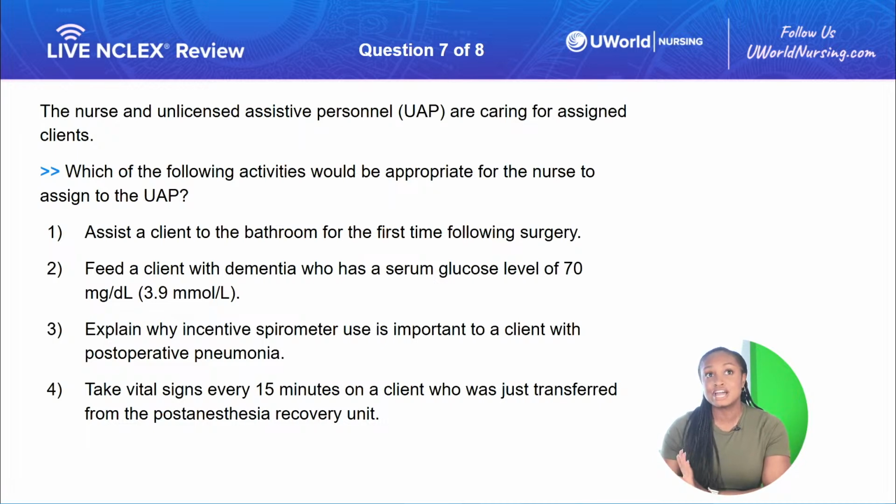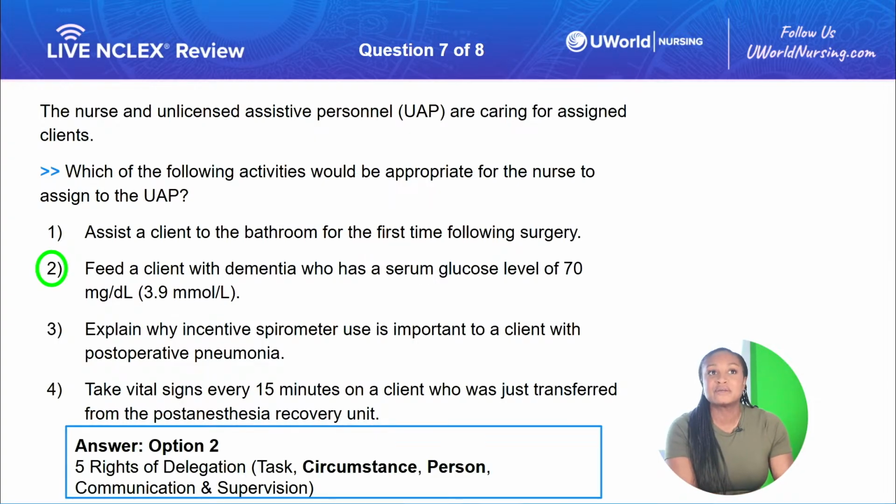The thing that a UAP can take care of is option 2, feed a client with dementia who has a serum glucose level of 70. Out of these 4 patients, this client is the most stable, and we're doing the most routine type of thing.